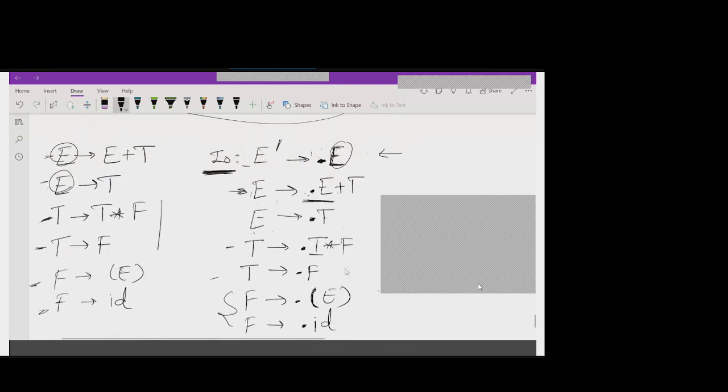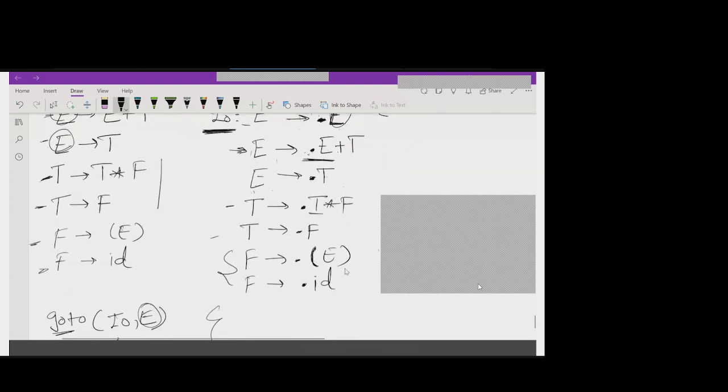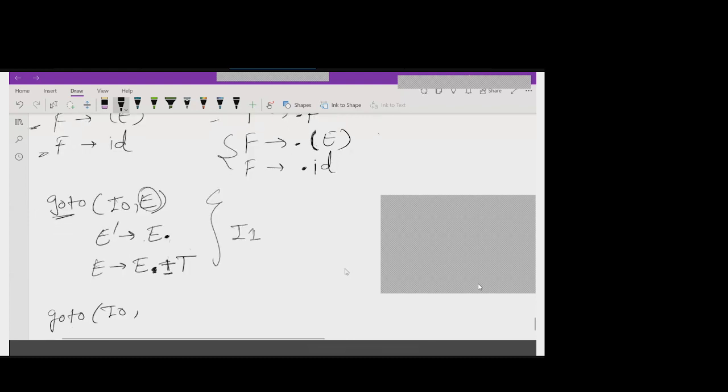Here, what is it? Go to I0, now what is the next non-terminal symbol, tell me? T. Okay, so what will be your production?